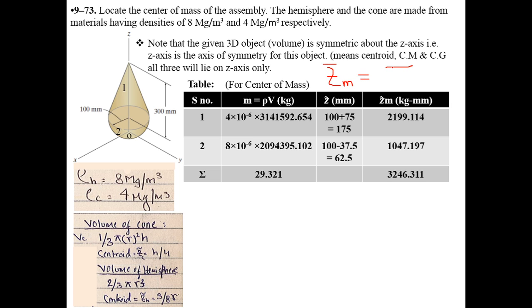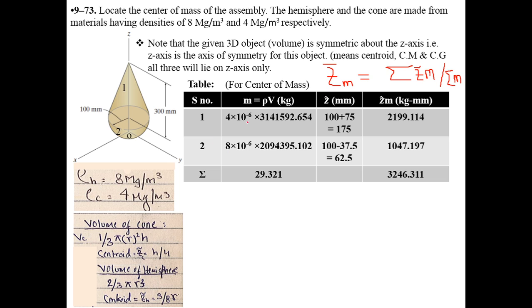The formula was, sorry, summation of m. So we have to find the summation of m. Therefore, sum this column. It is 29.321 kilograms. The sum of this column.